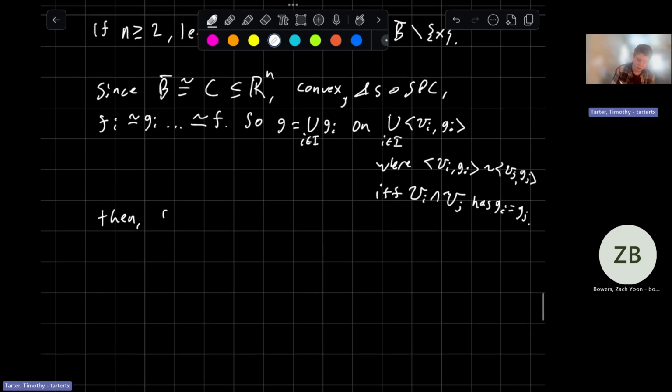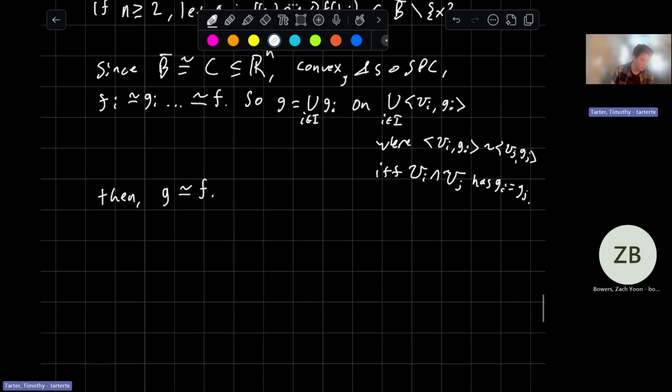Then g is homotopic to f. And g of the unit interval is disjoint from x.